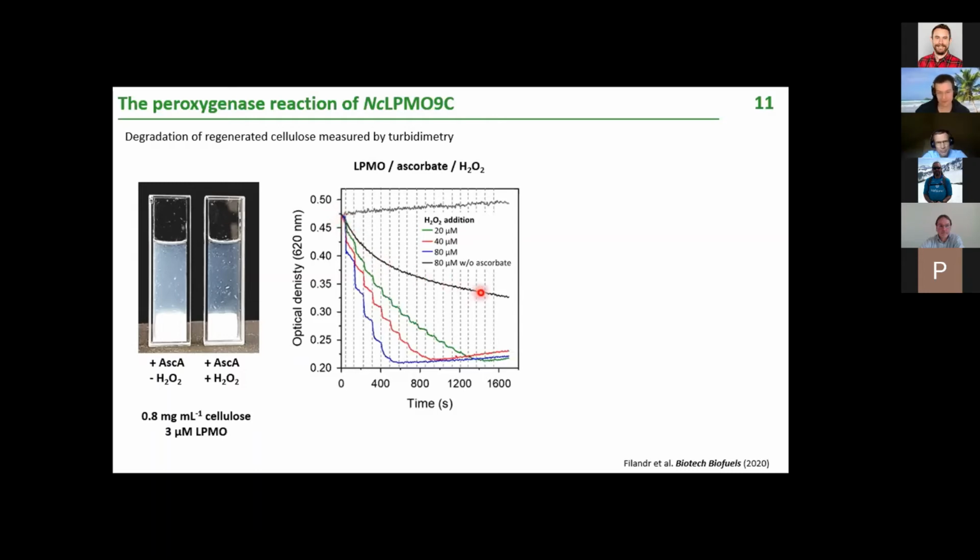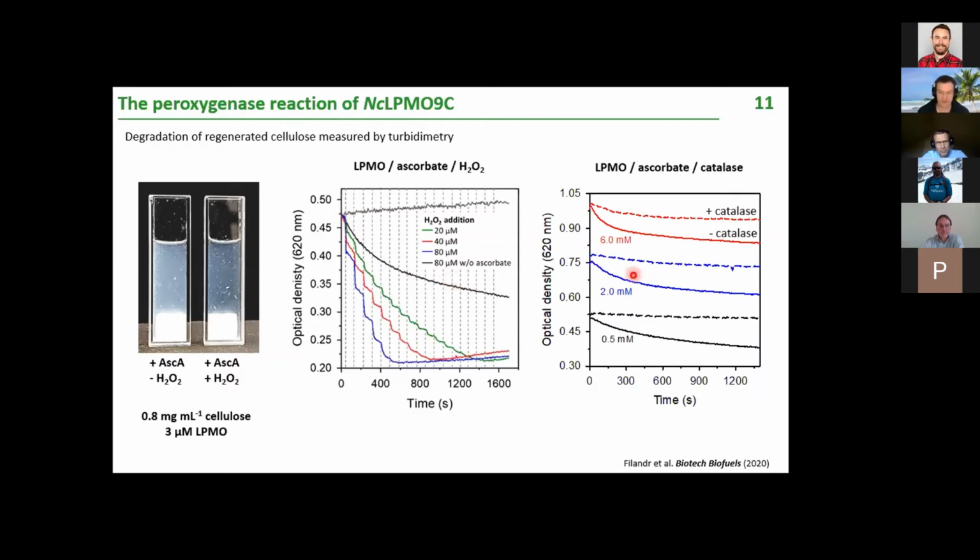However, if we carry out the same reaction just in the presence of catalase, that would be here, the dashed lines. So here from bottom to top, we had the identical reaction just with different amounts of ascorbic acid. I would see that catalase actually inhibits this reaction.